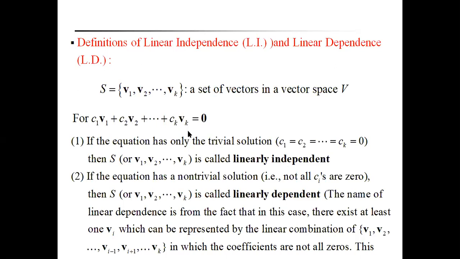If it has a non-trivial solution, that means at least one scalar is non-zero, then S is linearly dependent. Any vector from S can be expressed as a linear combination of the other vectors of S. Because the vector Vi can be multiplied with 1, and 1 is not 0, it can be represented as linearly dependent.